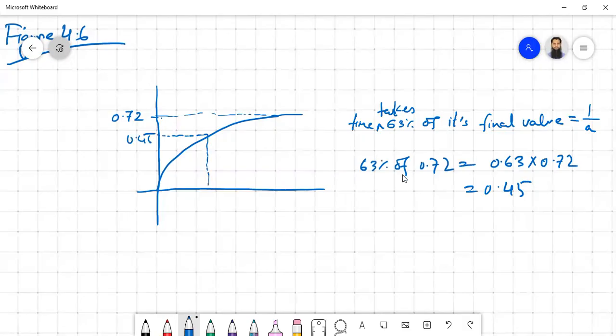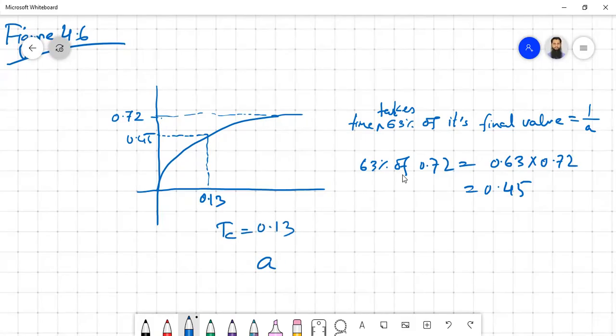If you look at the book's example, they are saying that this time is basically 0.13. Once you know the time, 0.13, which is by definition the time it takes to reach 63%, this is your TC, 0.13.